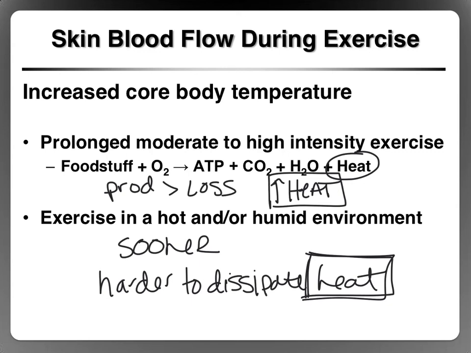But when the environment itself is hot, this results in a smaller heat gradient and a lower amount of heat loss. There's less of a driving force for losing heat, so you're going to get less heat loss. So it's harder for the body to maintain temperature in the heat.